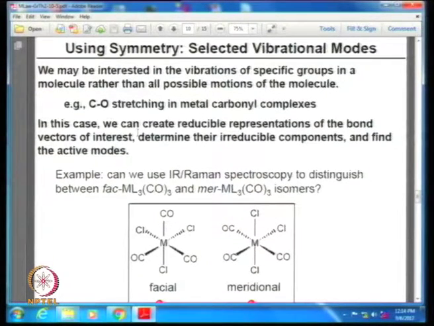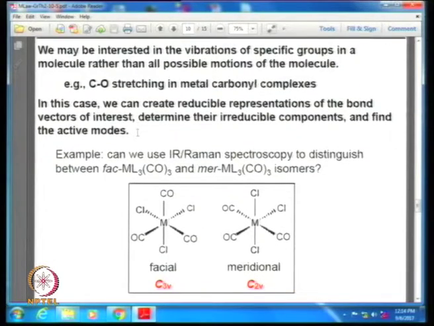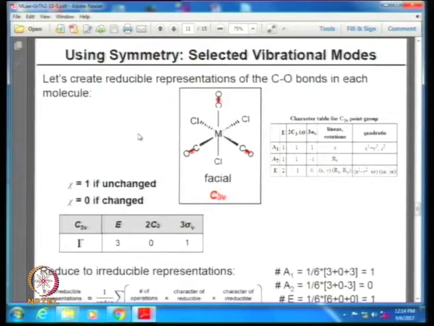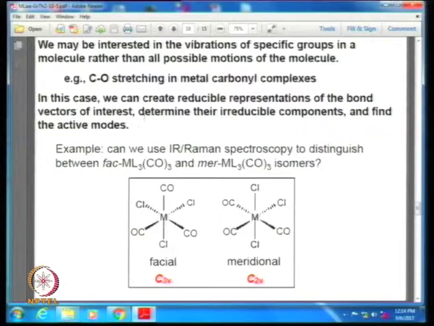There is an example that has been worked out using this, which you can read because I have put up the transparency. Just to explain what it is about, he asks how you will distinguish the same chemical content molecule MCl3(CO)3, the FAC and MER isomers, where the chlorine and the CO radicals are exchanged.